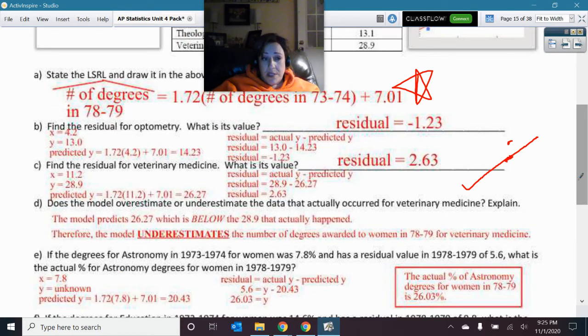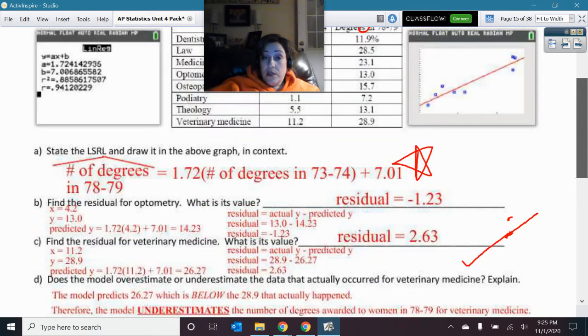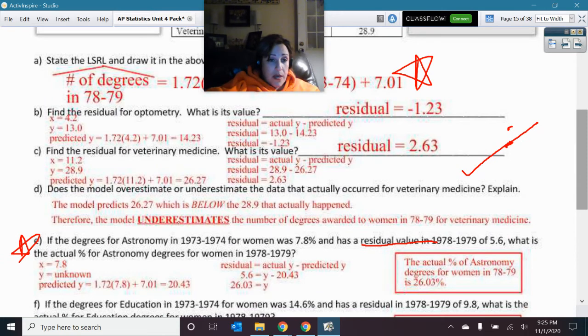All right. So now, oh, this one's different. Look, this one, they are giving you a residual. So interesting. So these, starting here, are problems that are not up here. It's for astronomy and education, and I think piano performance, so the degree plans are not listed here. But they tell you the X value, 7.8. The residual is 5.6. So what is the actual percent?